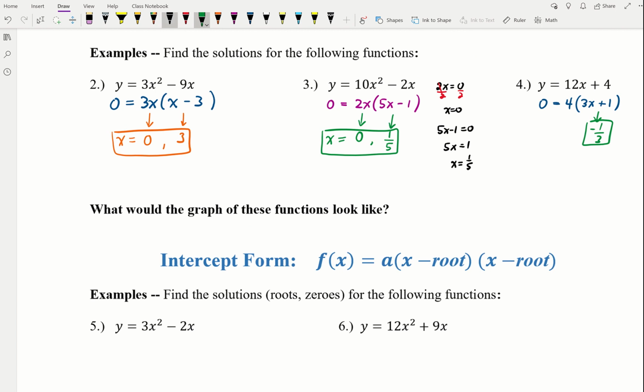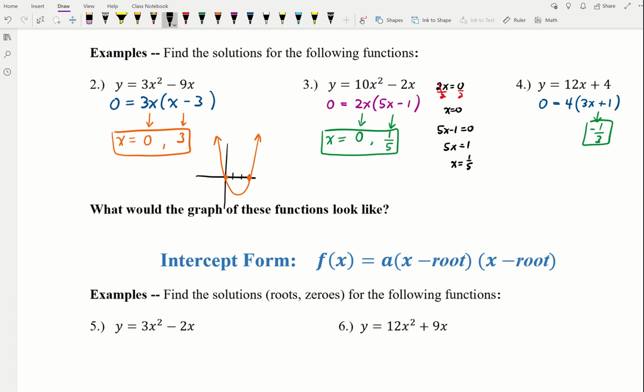The solutions would be where the graph is crossing the x-axis. So in this particular example, this parabola is going to cross the x-axis at 0. It's also going to cross the x-axis at positive 3. Now, this is going to be a very rough sketch of the graph, but it's a positive parabola, meaning the parabola is going to look something like this.